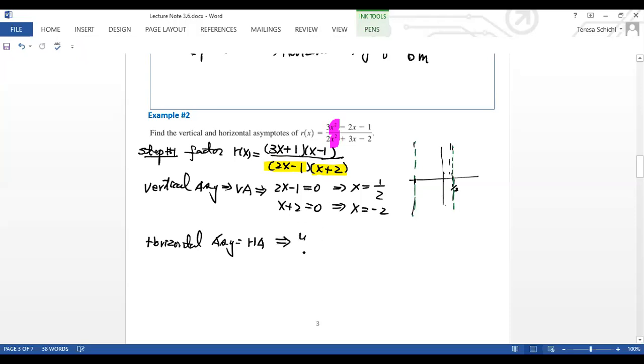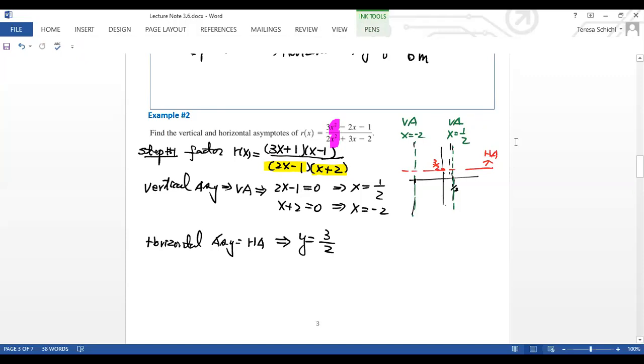It will be y equal to 3/2. This is a horizontal asymptote at 3 halves. And these two lines, x equals negative 2 and x equals 1/2, are both the vertical asymptotes. So it's pretty easy here.